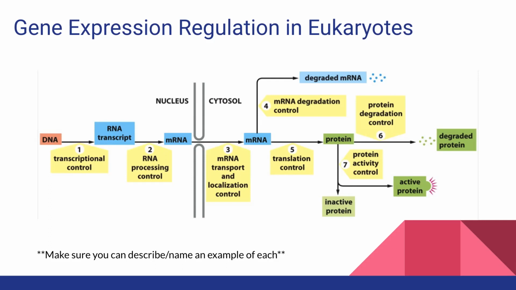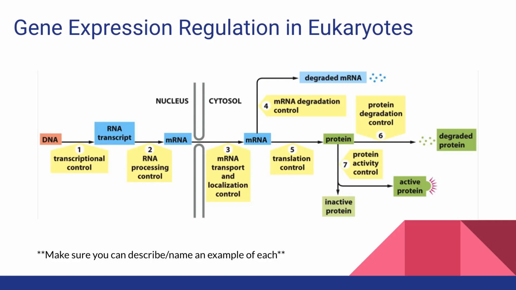Then you also have transcription factors, which are required to bind in order for polymerase to bind. Then you have processing control, which includes RNA splicing, so taking out introns, and also alternative splicing. That would also include the 5' cap and the poly A tail.